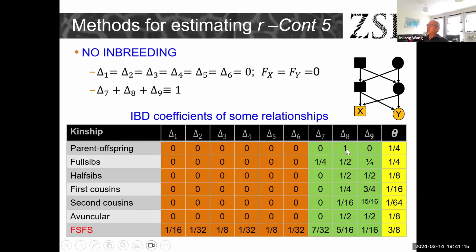Its occurrence probability is 1. So there is no variation in IBD between loci for the parent-offspring relationship. So this is a very special relationship. Its coancestry coefficient is 1/4.